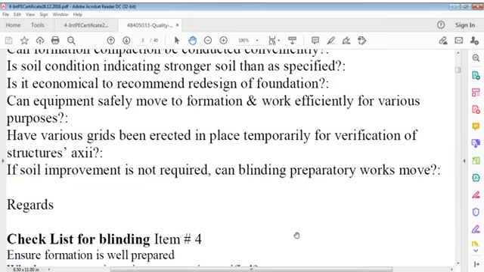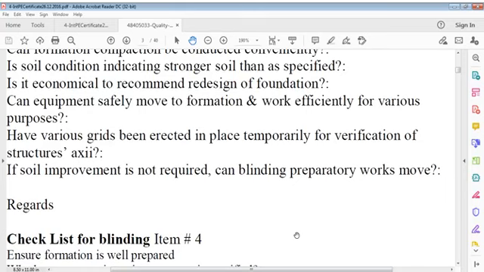Have various grids been erected in place temporarily for verification of structural axis? We have to make arrangements externally for all grids, x-axis, y-axis, so the excavation can be done comfortably.